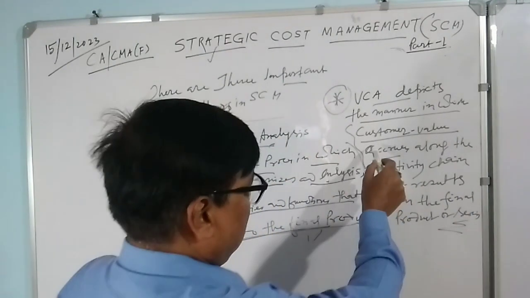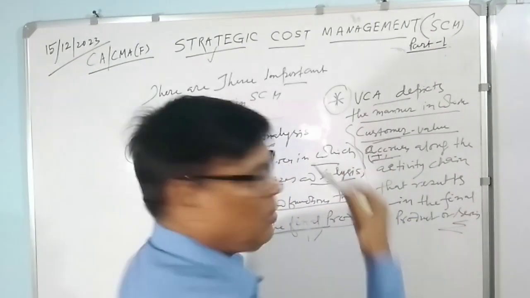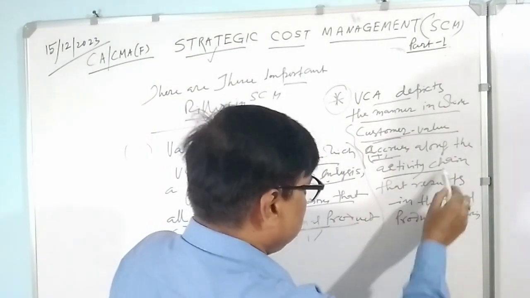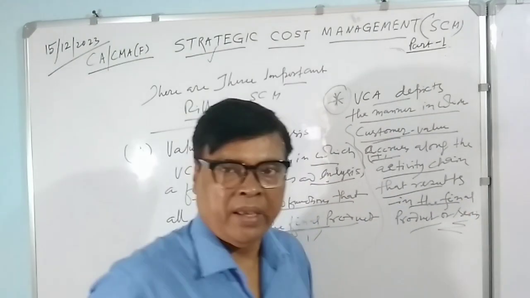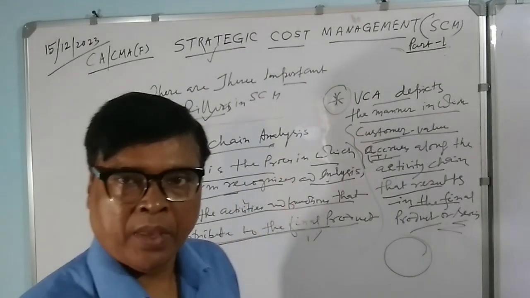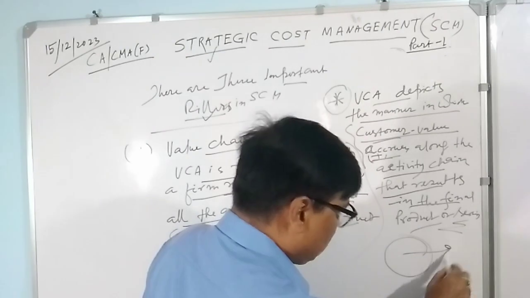So here, customer value accrues, value additions are very important along the activity chain that results in the final product or services. You see that one final product you have prepared. What is the requirement in the market? How does the customer value it?